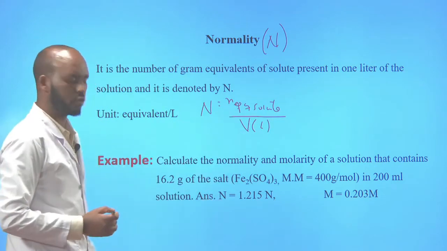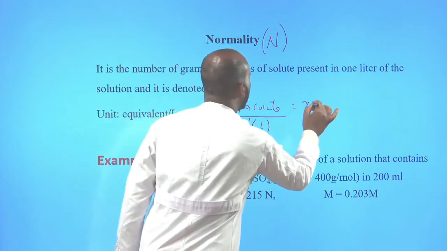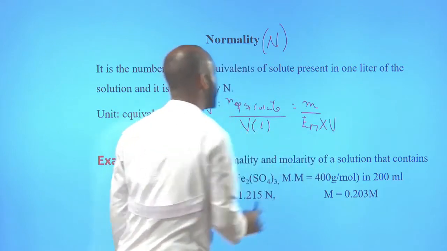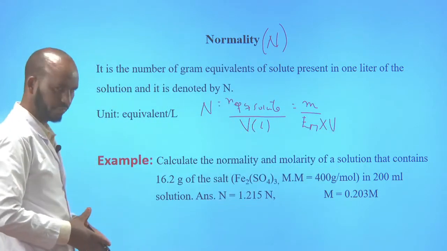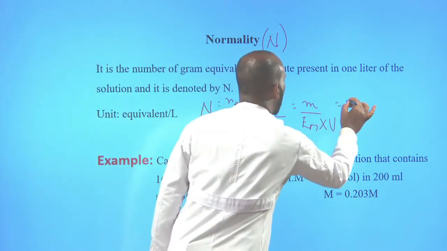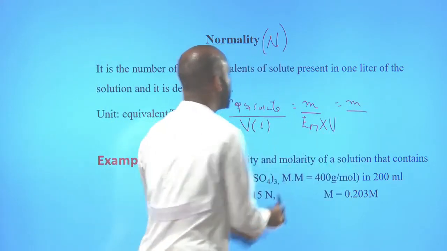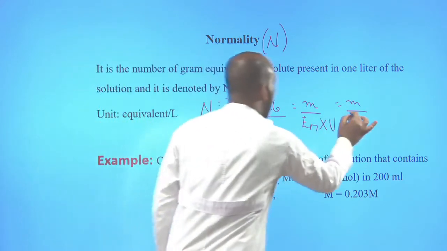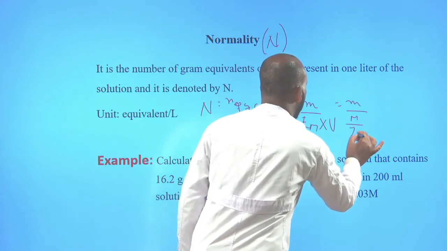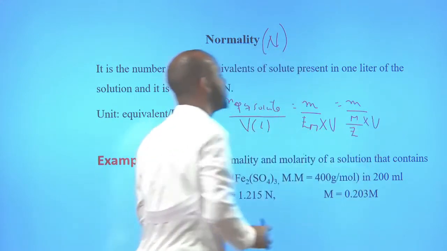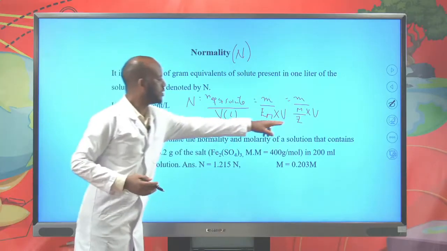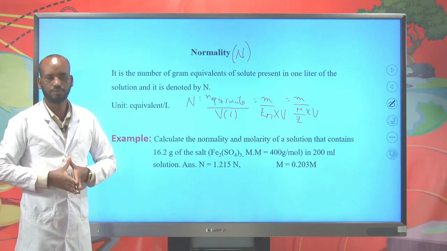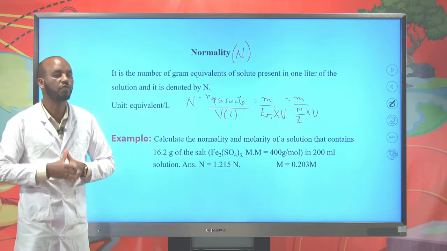Number of equivalents of solute equals mass of the solid divided by equivalent mass of the solid times volume of the solution in liter. We can write equivalent mass as molar mass of the solid divided by Z. Here Z for an acid is the number of hydrogen ions released by one formula unit of the acid.